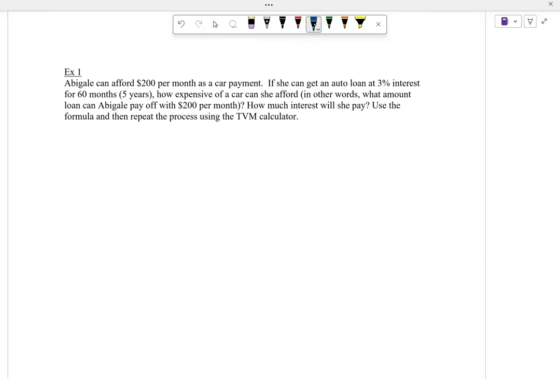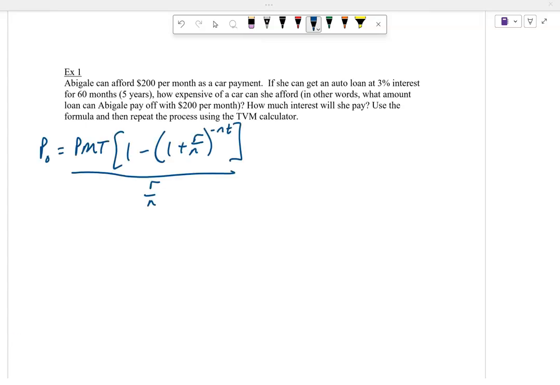Let me go ahead and write down our formula from above. So I wrote down the loan formula, or the payout annuity formula. It's the same one. It says Abigail can afford $200 per month, so that's her payment. She can get an auto loan at 3%, so our R is 0.03.